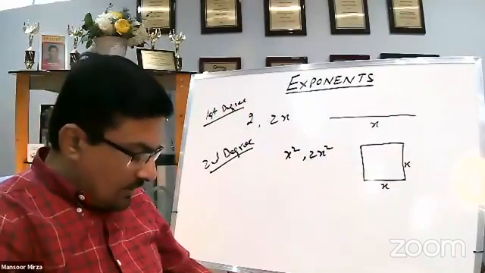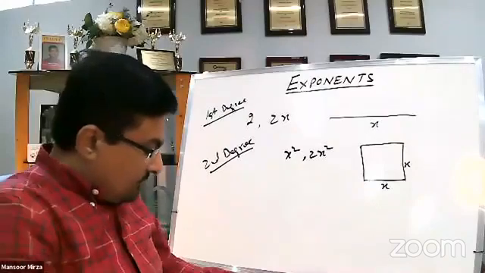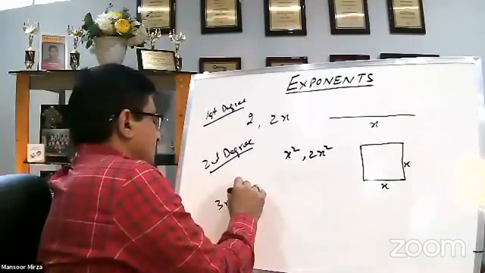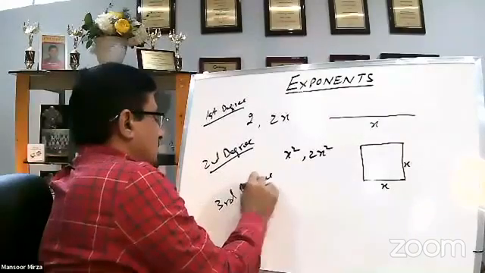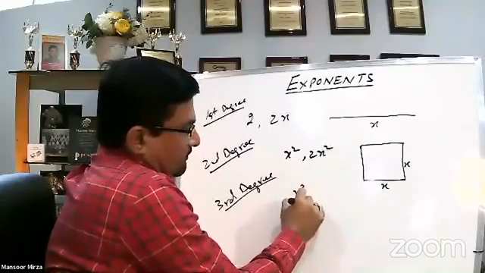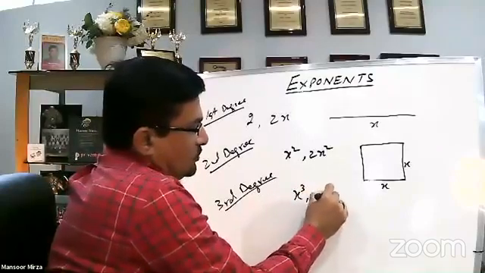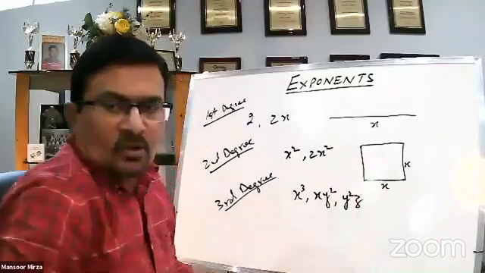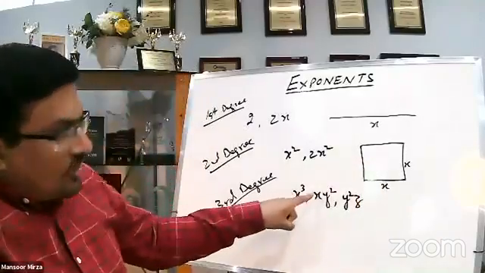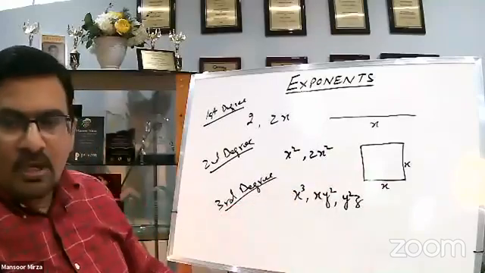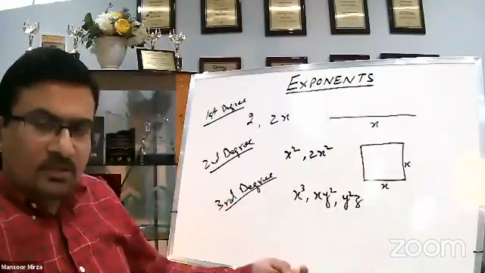Now the third degree is again. Third degree could be x cubed, could be xy squared, could be y squared z, anything. Imagine these have 3 total degrees, because 1 degree is from x and 2 is from y, so together they make a 3-degree term.